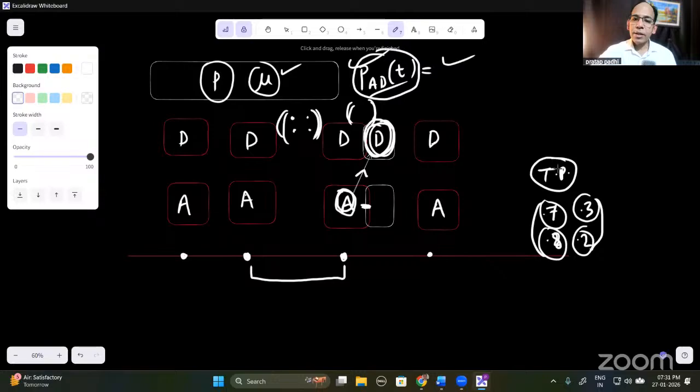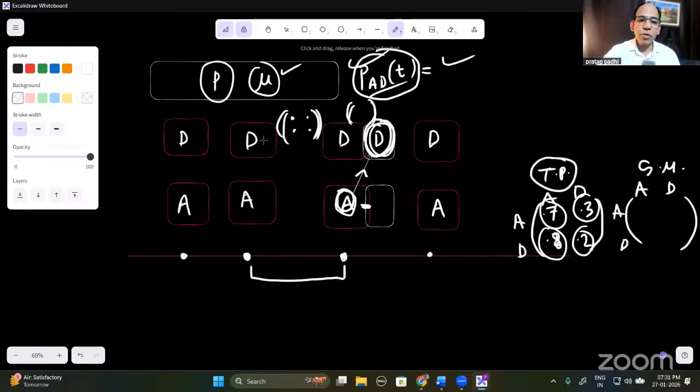This is the transition probability matrix. Now this is called the generator matrix. Generator matrix means we will write A, D, whatever states here.